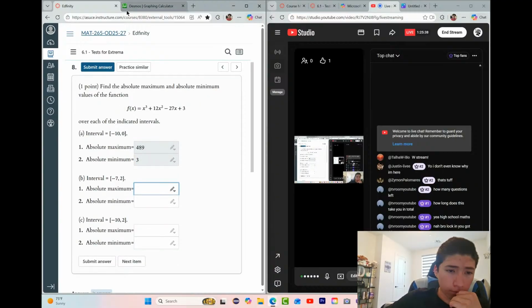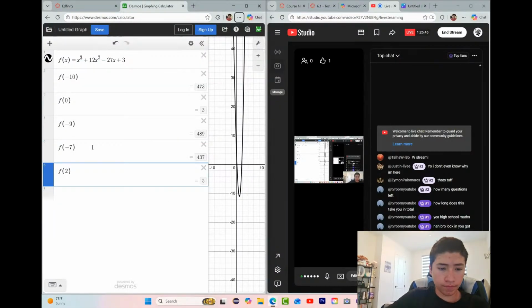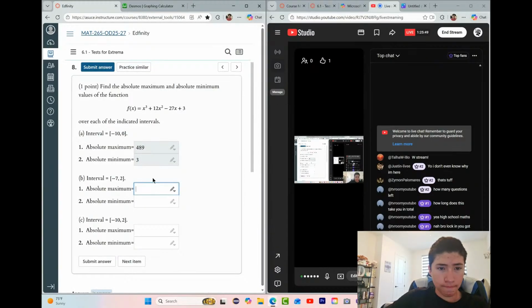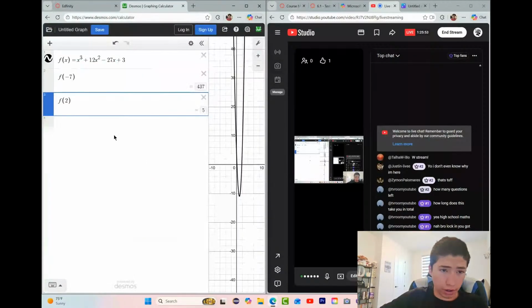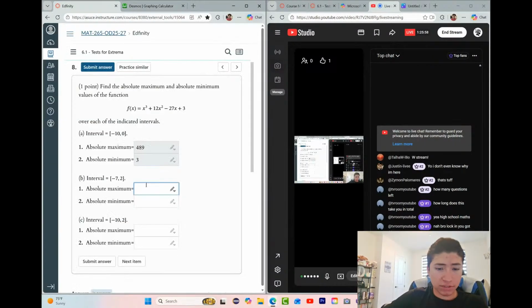Gotcha. Cool. Now, f of negative 7. And then we have f of 2. And we can also check f of 1. So maximum, 437. Minimum, negative 11. Beautiful.